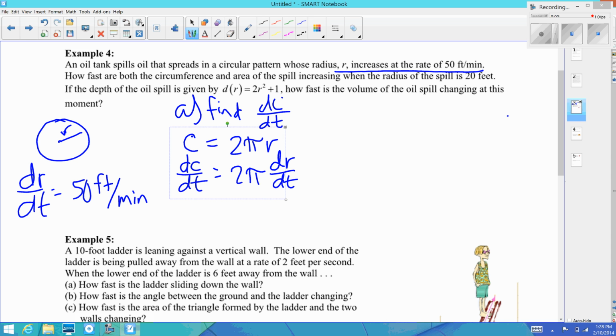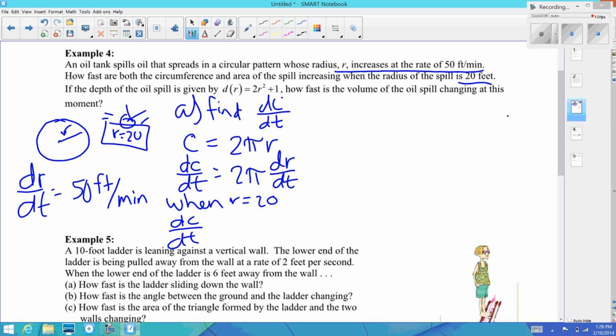And we're looking at a specific snapshot moment, when r is 20. Okay, when r equals 20, dC/dt equals 2 times pi times 50 equals 100 feet per minute.